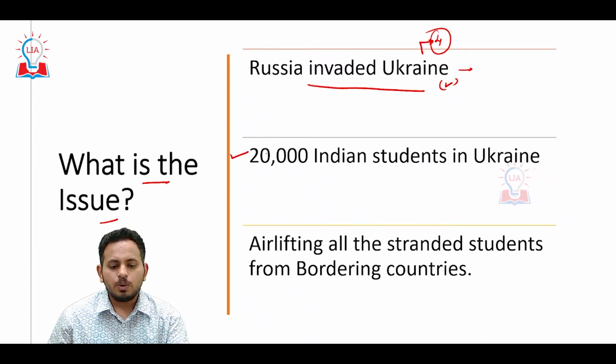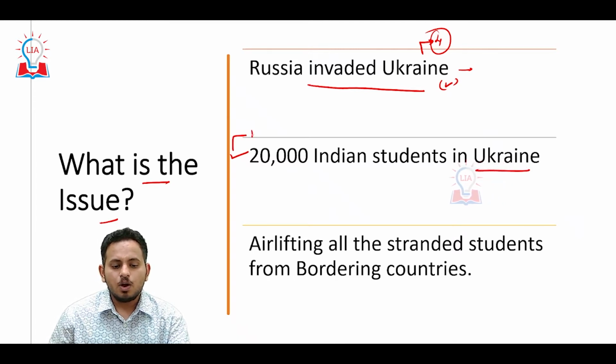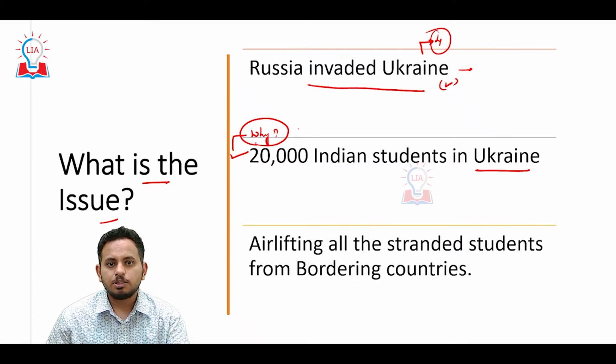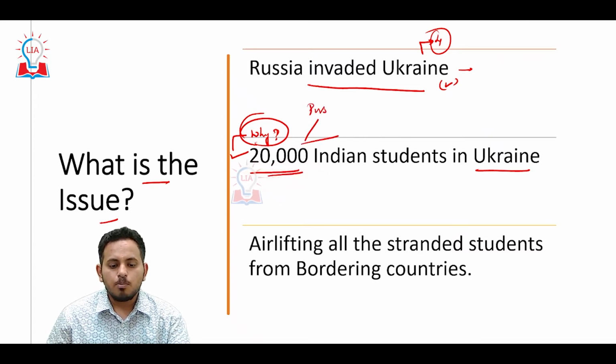We have around 20,000 Indian students in Ukraine. We have also discussed why Ukraine is a very hot spot for medical education, and why we have so many Indian students studying there. There are various reasons, including push factors and pull factors.